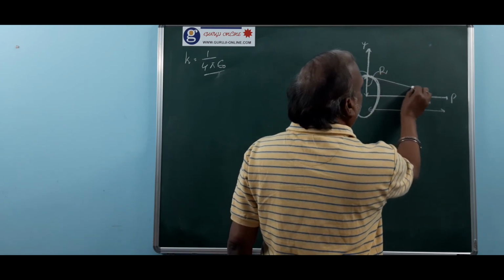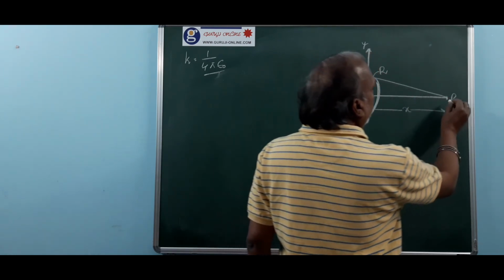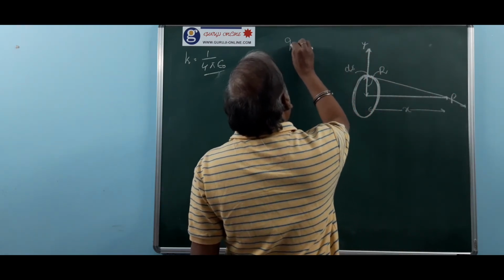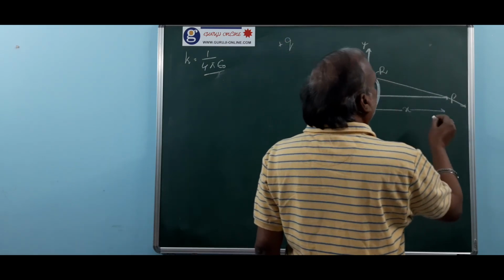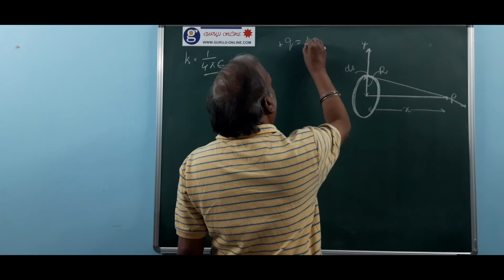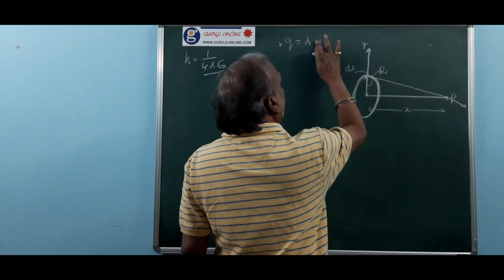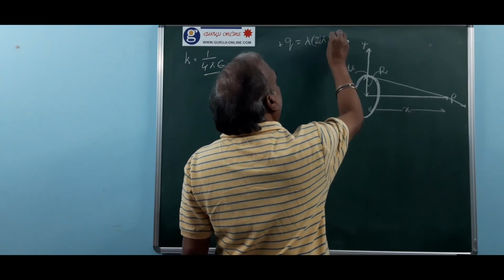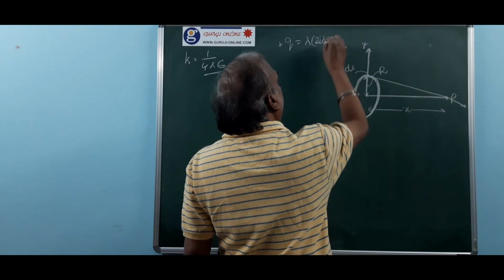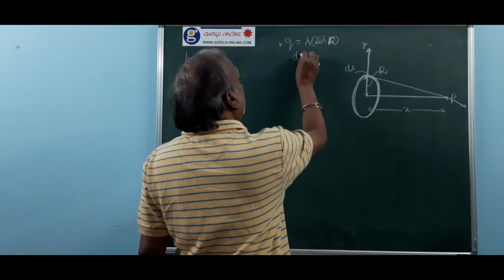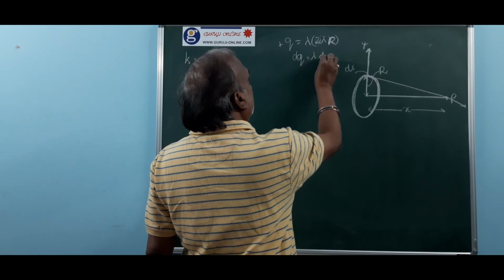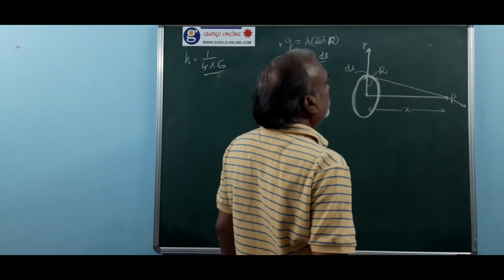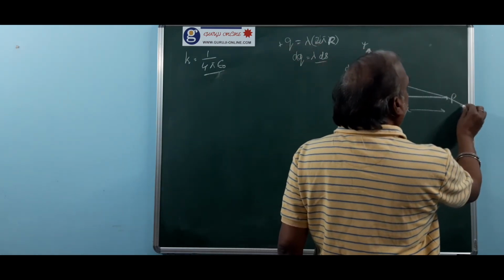Due to this segment, what will be the electric field here? This will be like this. Suppose this is a positive charge distributed on this. This Q will be nothing but lambda times the total length, 2 pi R, and dq will be nothing but lambda into ds. So this is the charge dq, and due to this is the electric field.